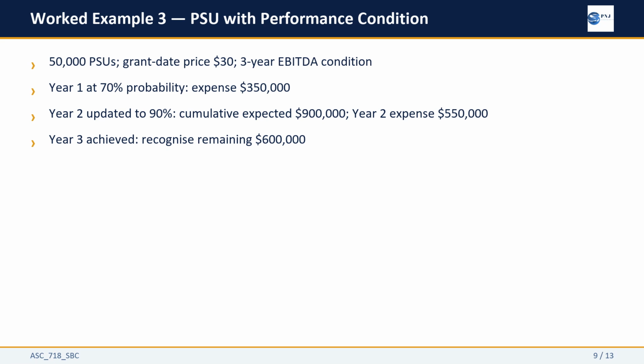The third example shows the cumulative catch-up mechanics for a performance condition. 50,000 PSUs at $30 per share with a 3-year EBITDA target. In year 1, the team estimates 70% probability. Expense is 50,000 times $30 times 70% times 1/3, giving $350,000.